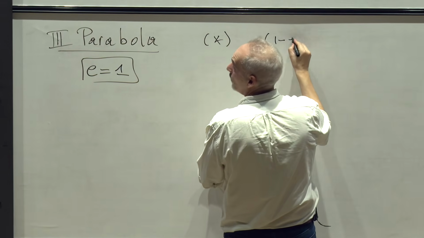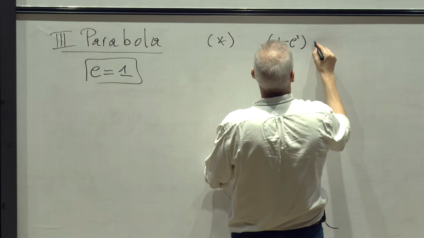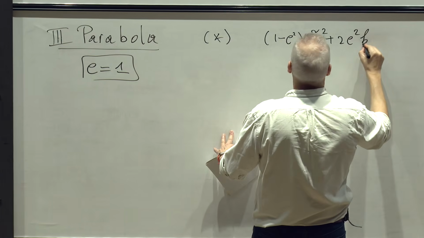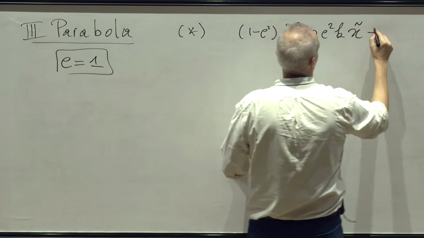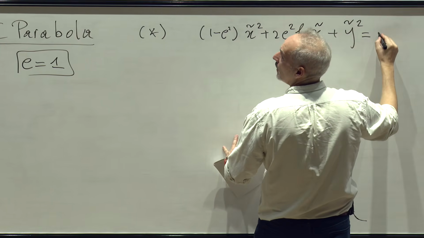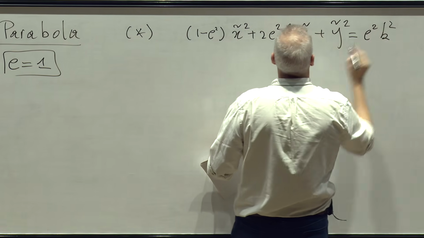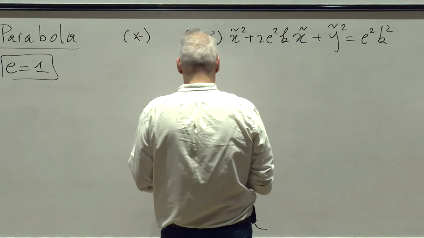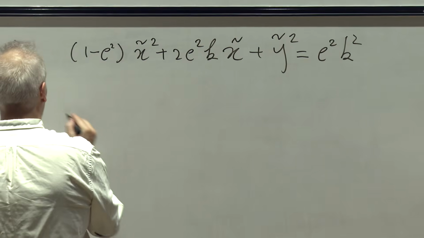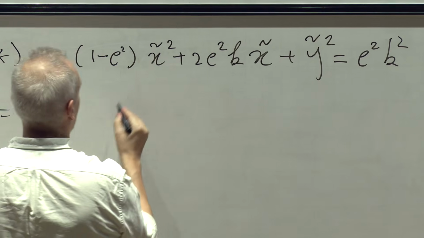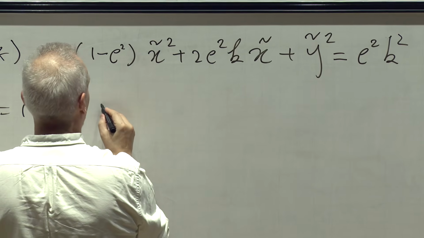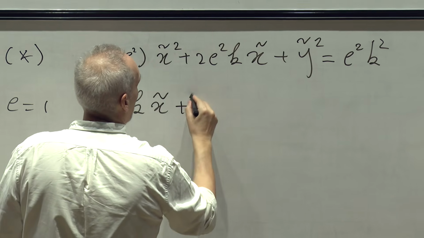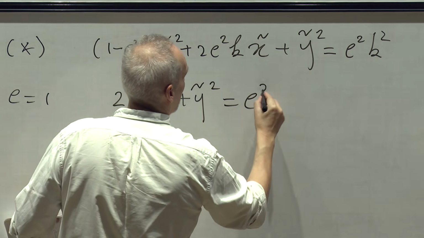And in that case, it's 1 minus e square x tilde square plus 2e square k x tilde plus y tilde square equals e square k square. So if e equals 1, the first term disappears, and I have 2k x tilde plus y tilde square equals e square k square.